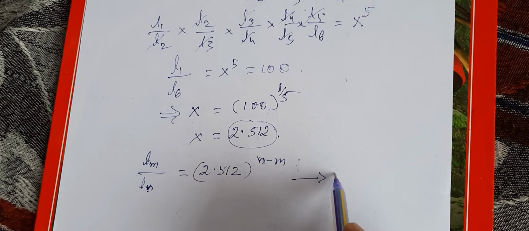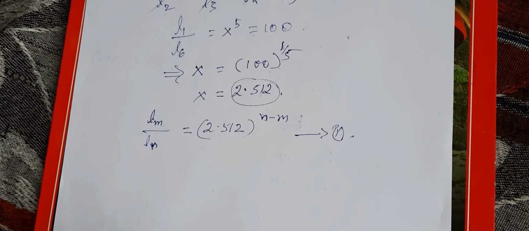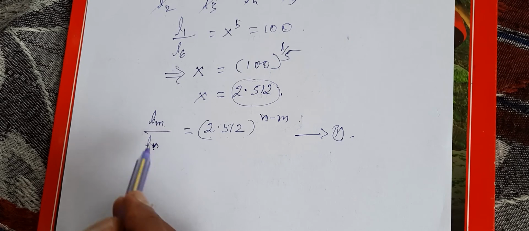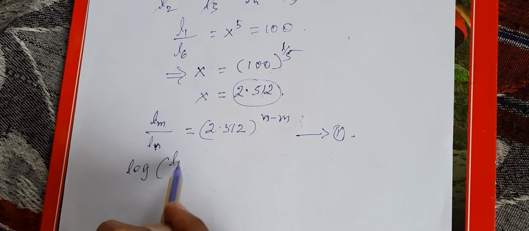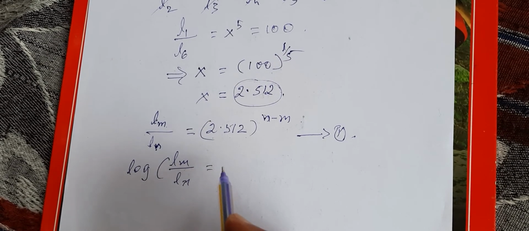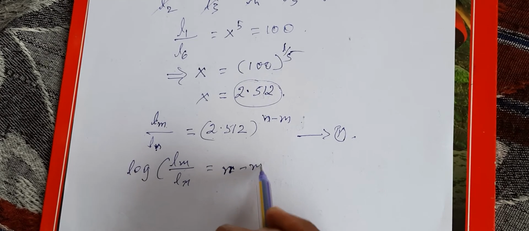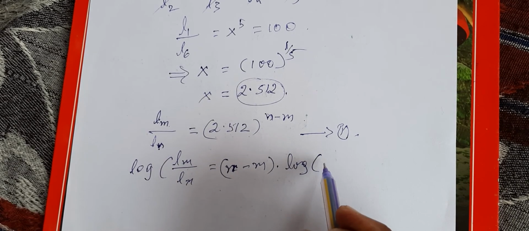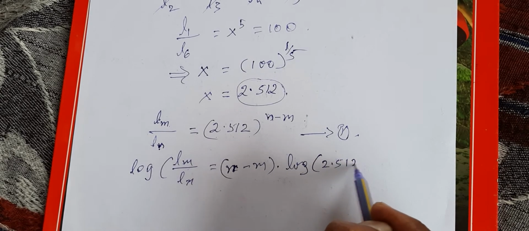Let us call this equation 1. Now if you take log on both sides, what you get is log of Lm divided by Ln is equal to n minus m into log of 2.512.